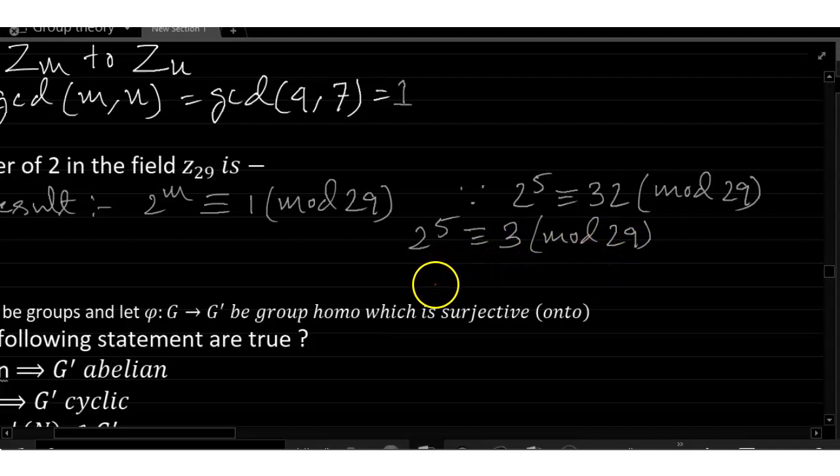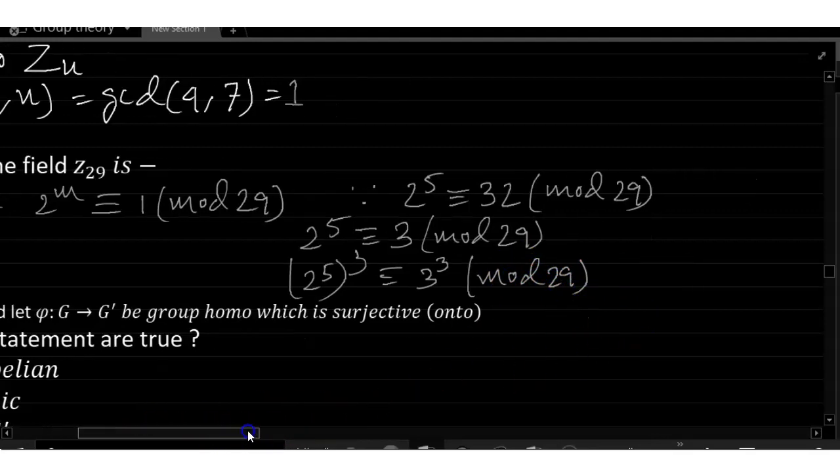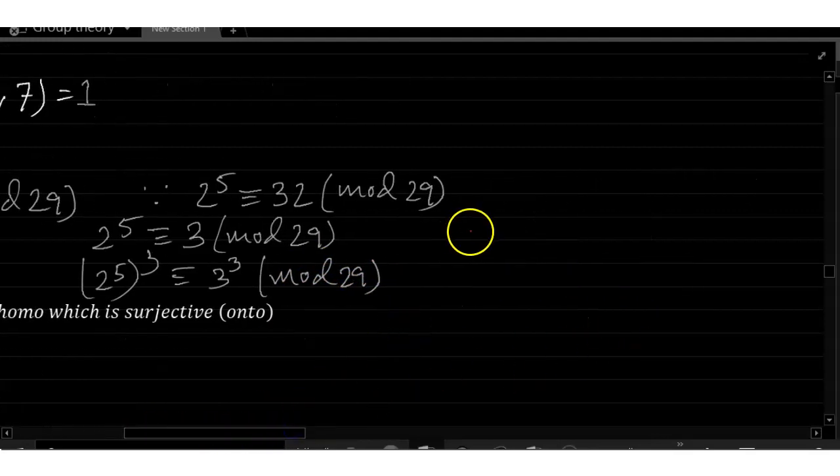After that, 2 to the power 5 whole cube is equivalent to 3 cube mod 29, which equals minus 2 mod 29.